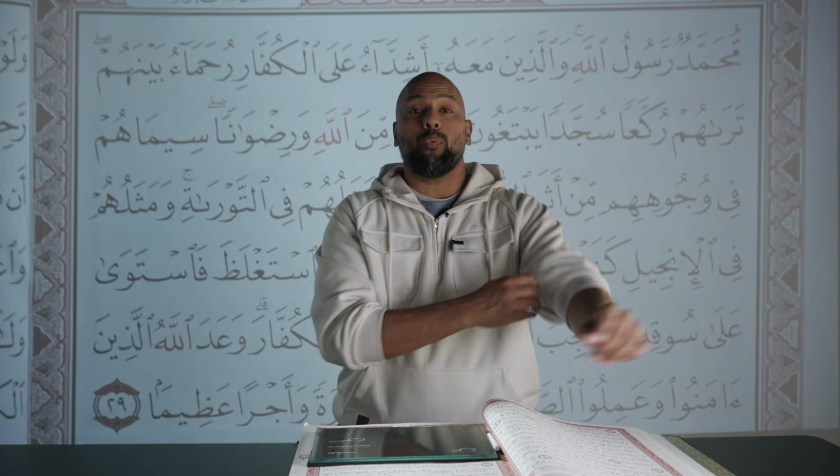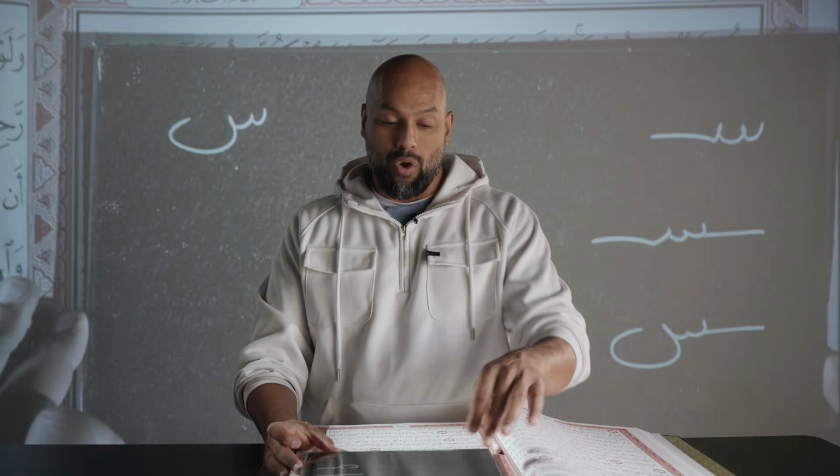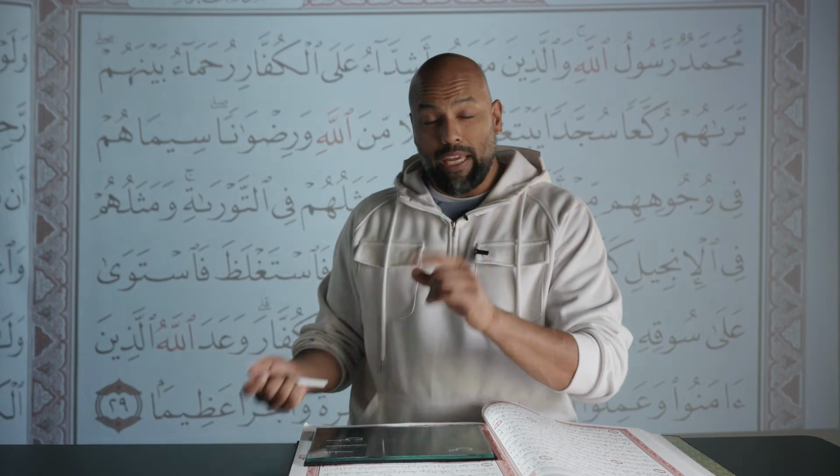With each video, we are going to be hunting for and trying to identify the shape of a specific letter. In this video, we just went over the letter Seen. So I'm going to ask you, have you seen the letter Seen in Surah Al-Fath? Let's get started.